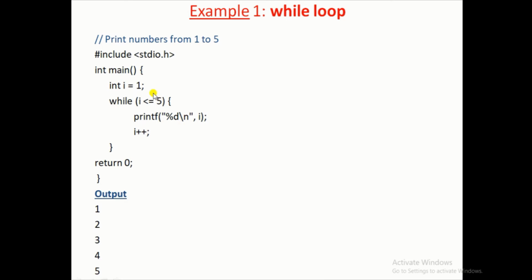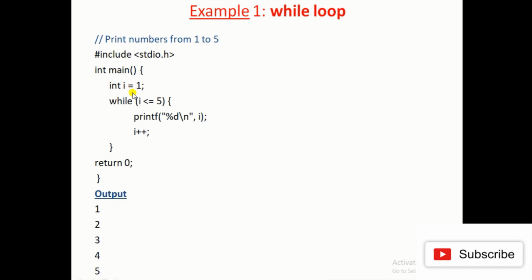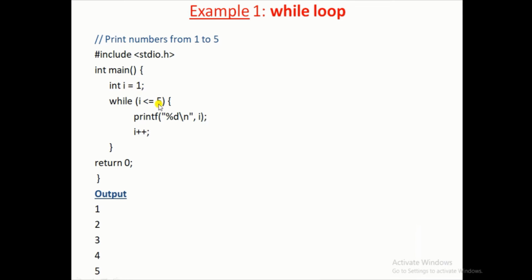The value of i at the initial state is 1, so this condition is true because 1 is less than 5. It prints the value of i, that is 1, and then it increases the value of i because we put the increment operator here, i++.